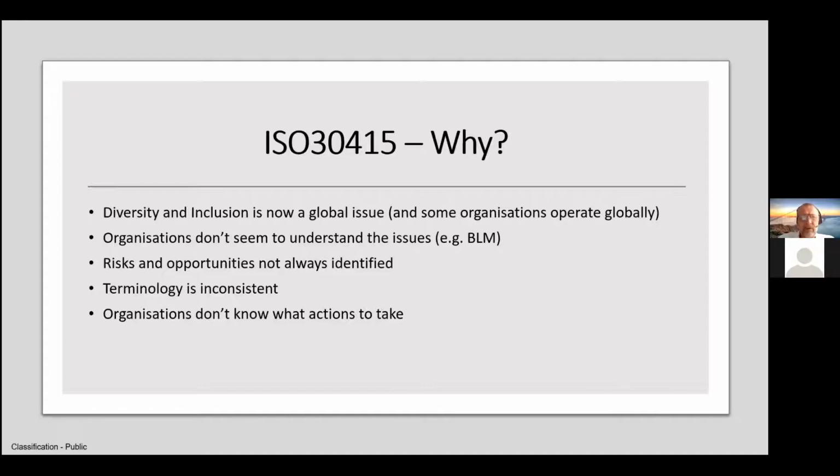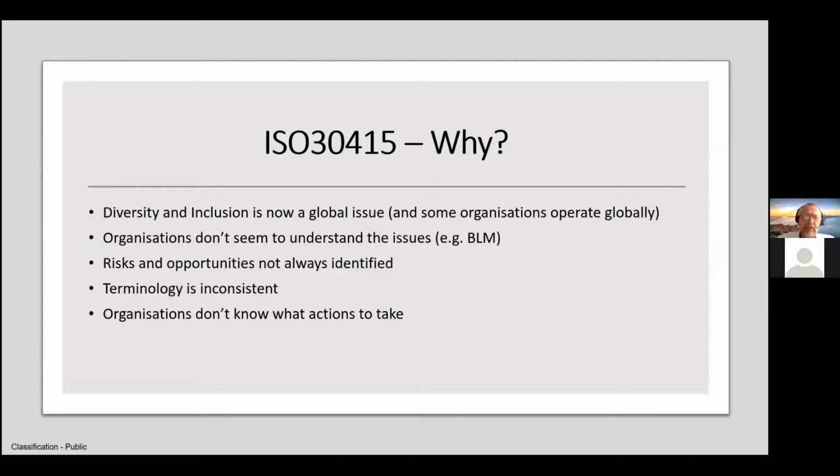And it's clear that organizations don't necessarily seem to understand the big issues as they arise. For example, the response to the situation with the Black Lives Matter movement, and confusion between the Black Lives Matter organization and the aims of that organization, as against the movement, which was clearly to identify the impact of society on Black people.